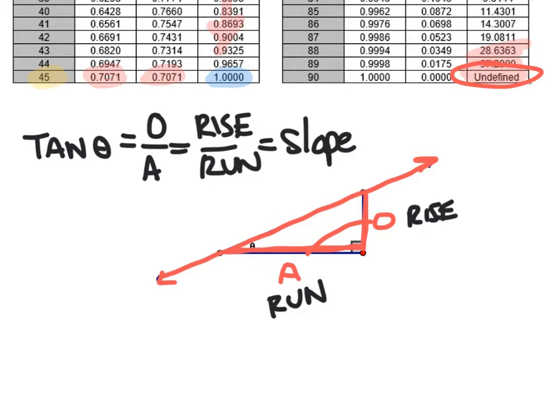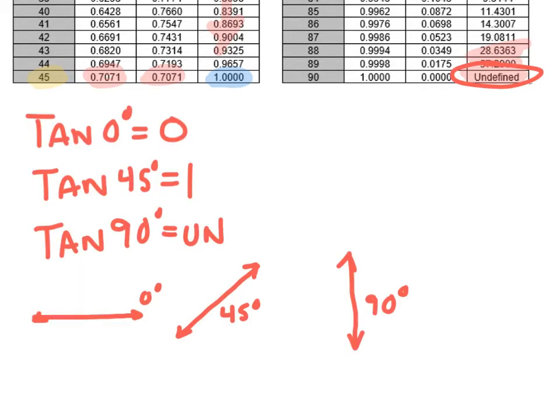So when we think of the tangent values and how big they are, we can think of that in terms of the slope of those particular items. Let's look at the numbers now. So we just said that tangent starts at 0, climbs all the way up to 1 at 45, and then continues to climb until eventually it hits undefined.